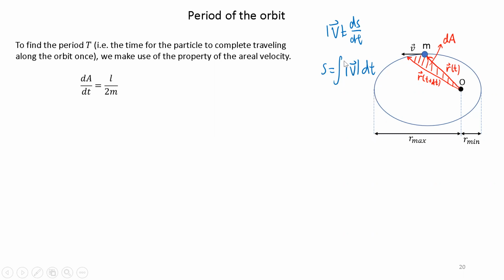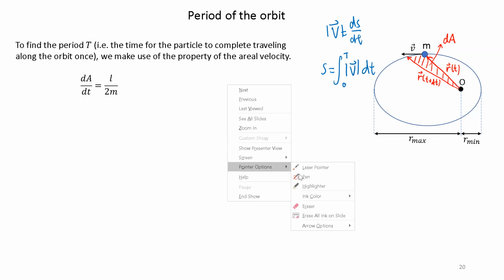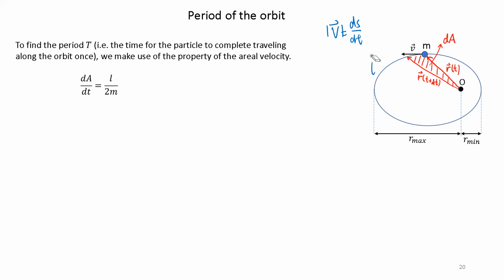So if you integrate the speed over time, from 0 to 1 period, that's how you get s. Then from this relation, you may be able to find the period T. However, as I said, I'm not going to do it this way. I'm going to make use of the areal velocity.